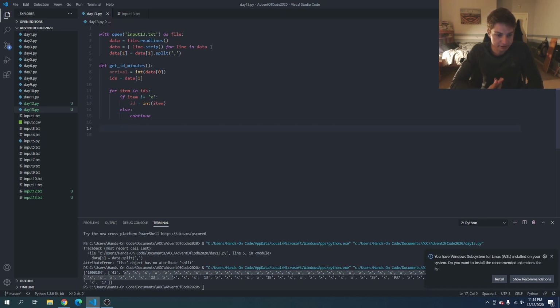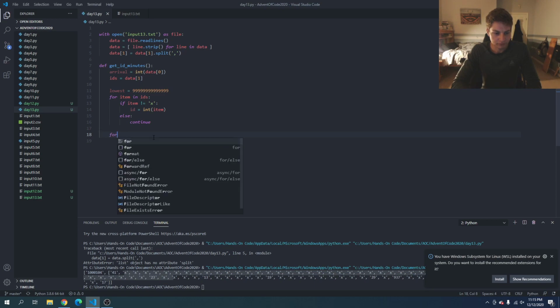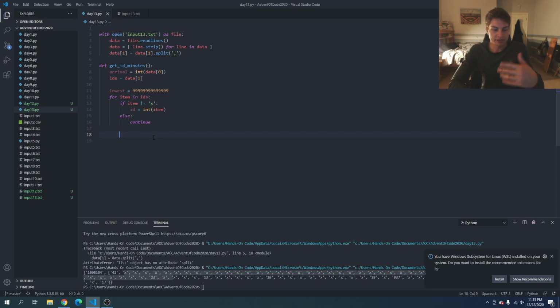So then, we're going to be searching for the lowest wait time, so we'll say lowest, and we need to make this a really big number to start. Basically, say that our wait time is 100, we need to get the first multiple of the ID after 100.